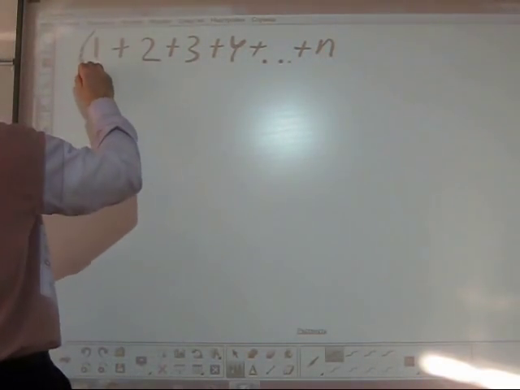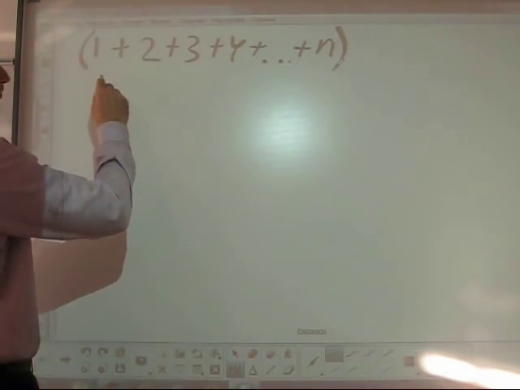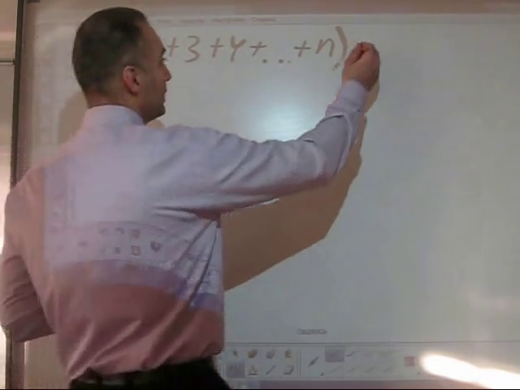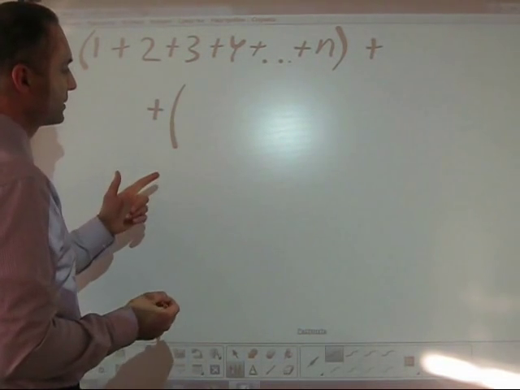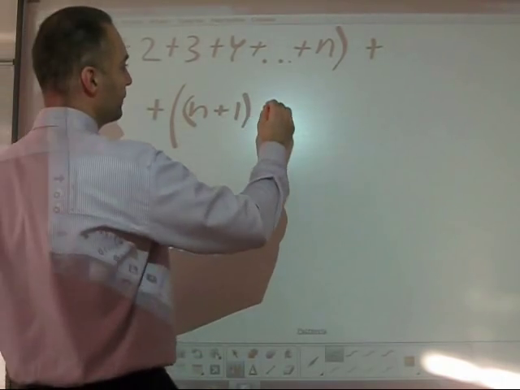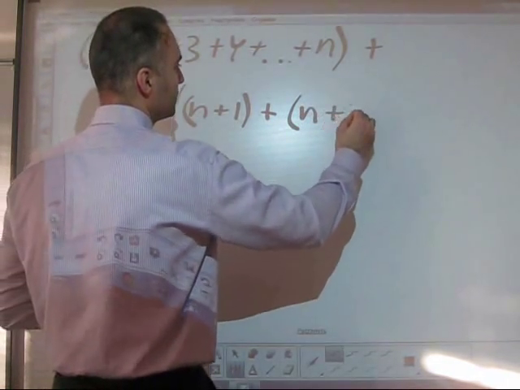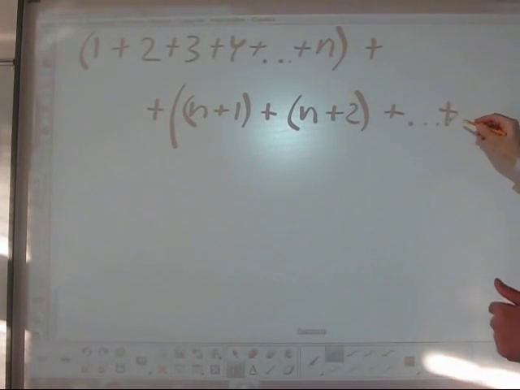Let's say we leave alone a group of n numbers, and then obviously we will start with n plus 1, the next number, and then n plus 2 plus etc. plus some n plus m.